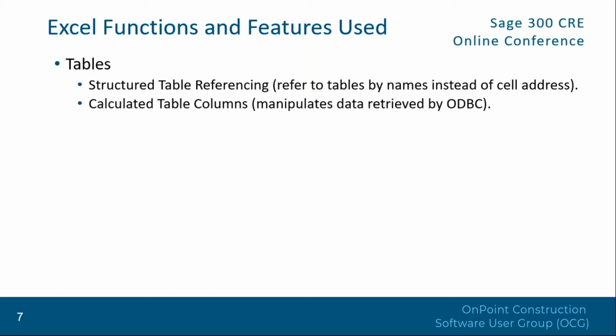The second thing is what's called calculated table columns. And calculated table columns are basically these smart columns that you build into tables. They're formulas, and they act the same way the structured table referencing does. They will copy themselves for any additional new rows that you add to the table.